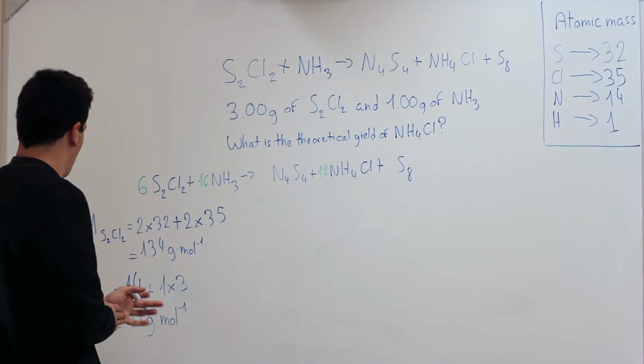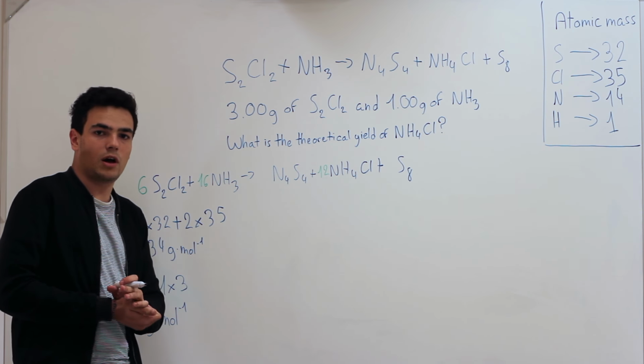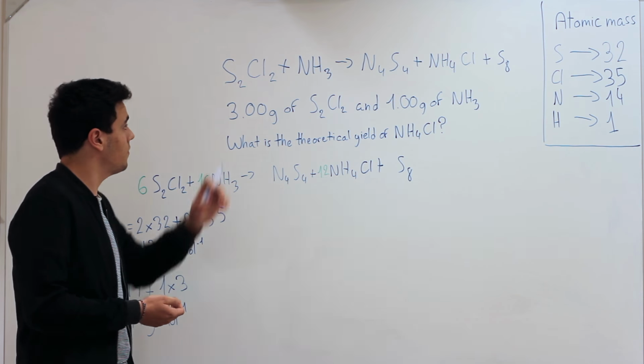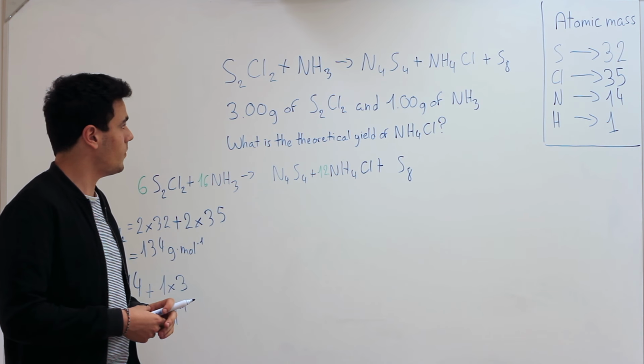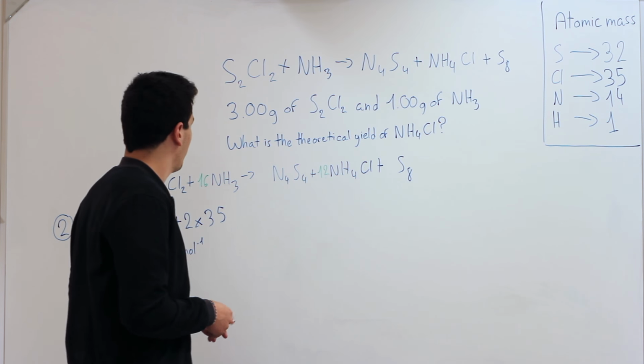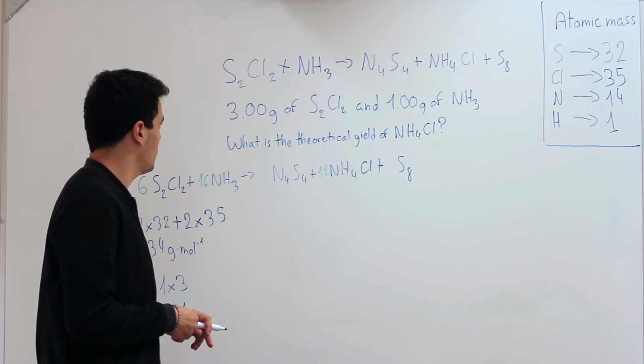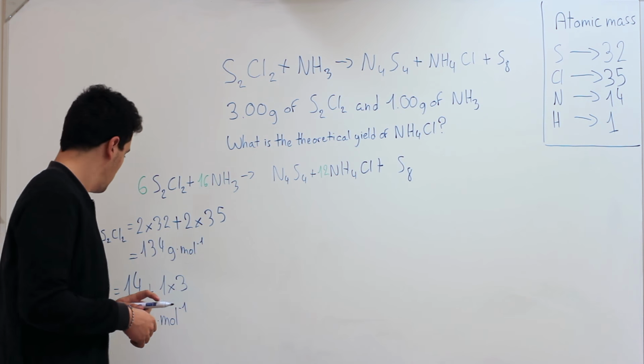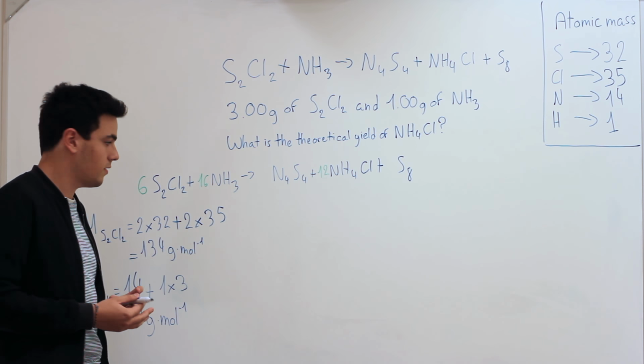Okay, so now that we have this, we're going to find out how many moles of each of these molecules we have, with the respective masses we have been given. We're going to do this by dividing the mass by the molar mass.